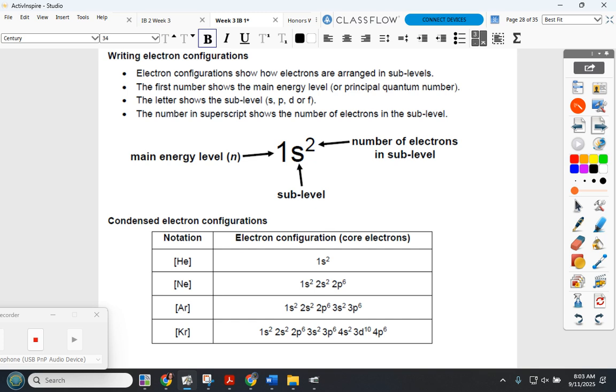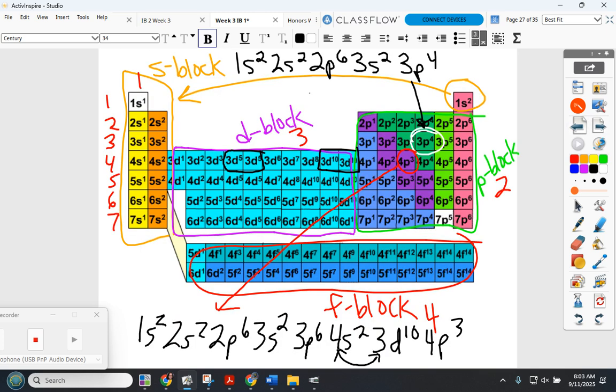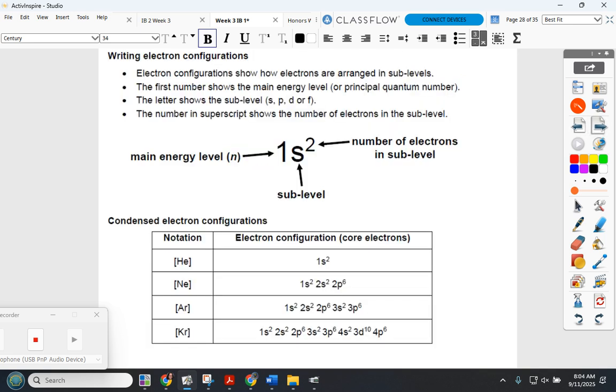Sometimes when we get into something like this, so that's very long, we want to shorten it. We don't want to have to write out every little thing. Like if you're writing the electron configuration for radon, you don't want to be writing for 3 days before you finally get to the end. Okay, so there is a shortcut that we call the condensed electron configuration.